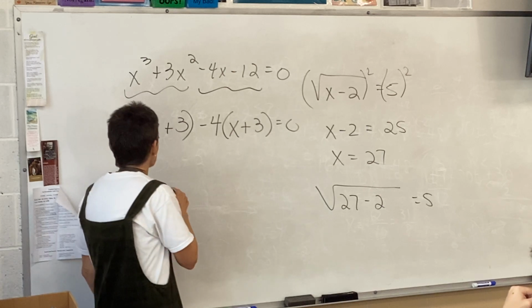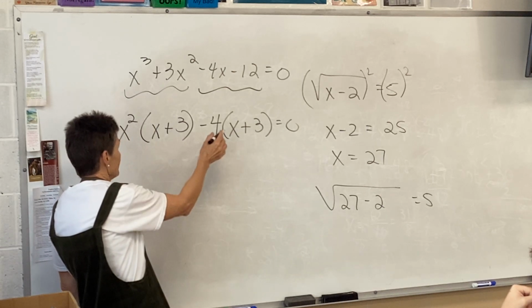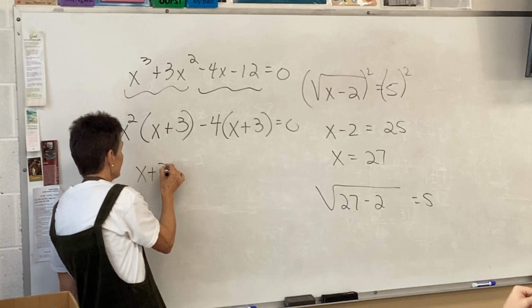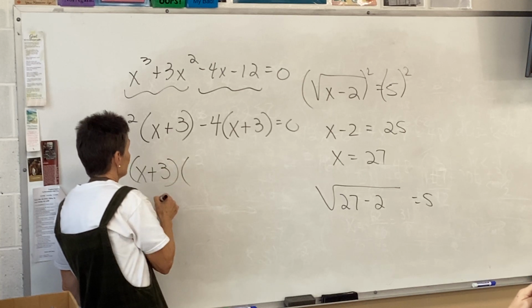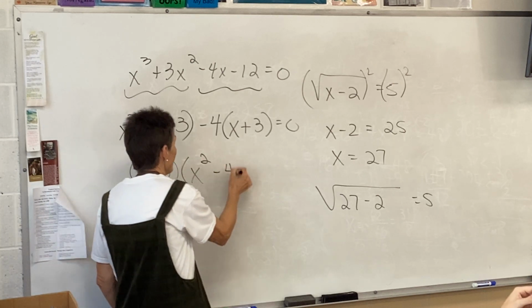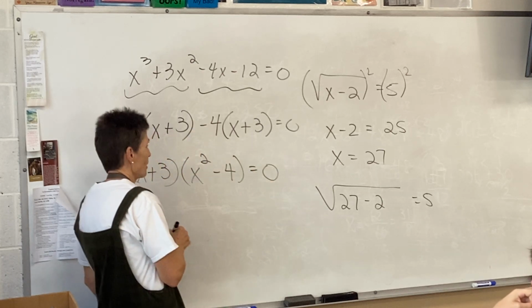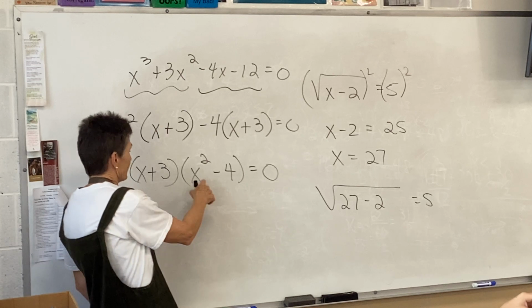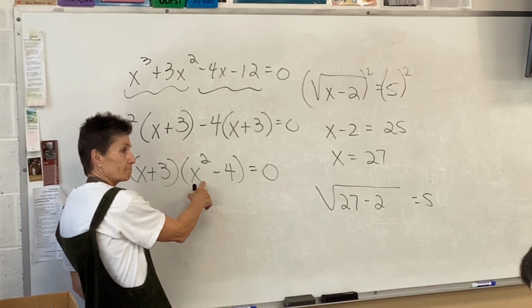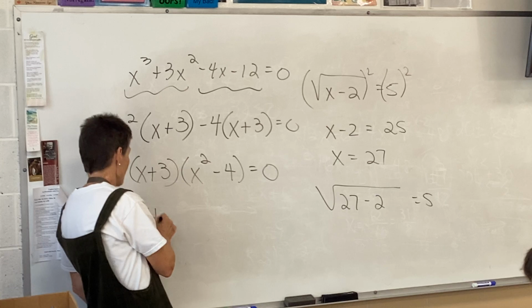All right. Now, there's my common factor. And there's my x squared minus 4. Oh, that was my phone. Sorry about that. Can I do anything with that? Difference of squares.